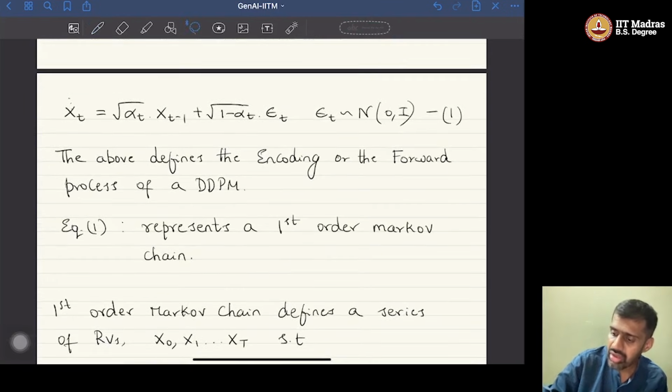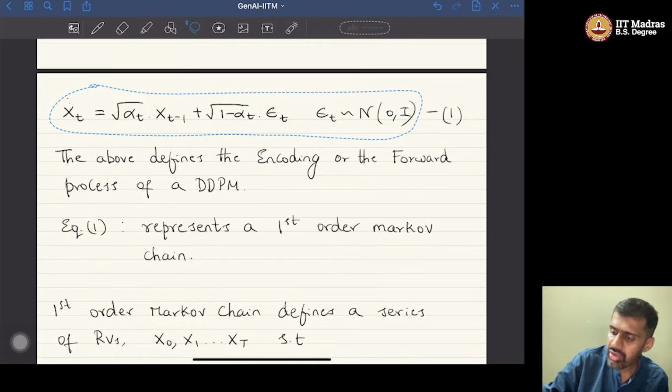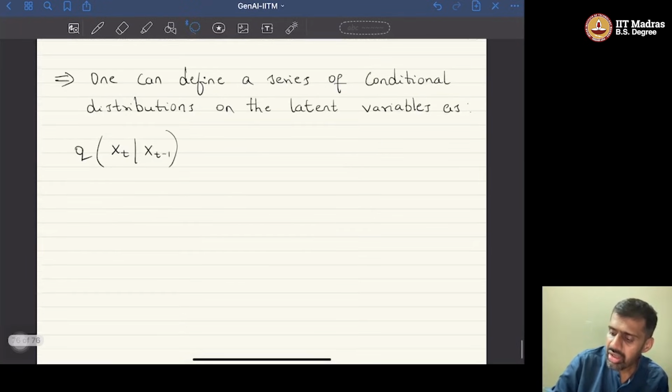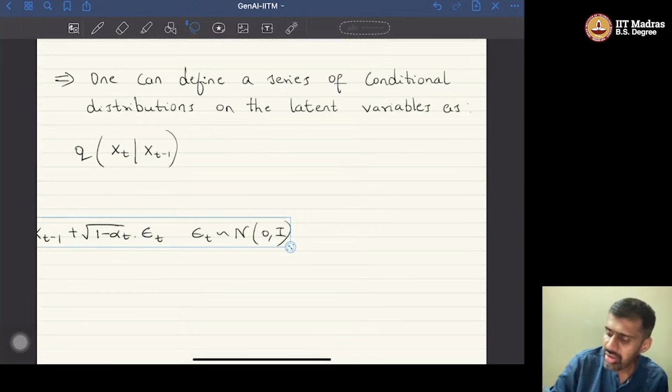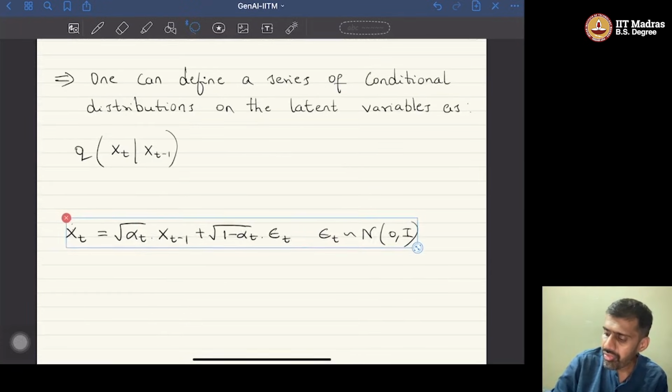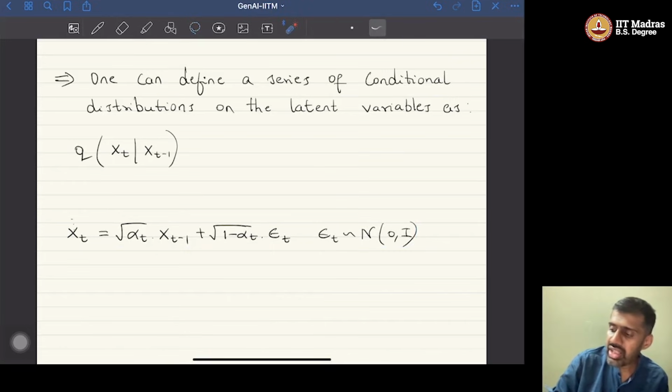If you look at this definition, we have studied the reparameterization, right? Any Gaussian distribution can be reparameterized using a Gaussian distribution with zero mean and unit variance.